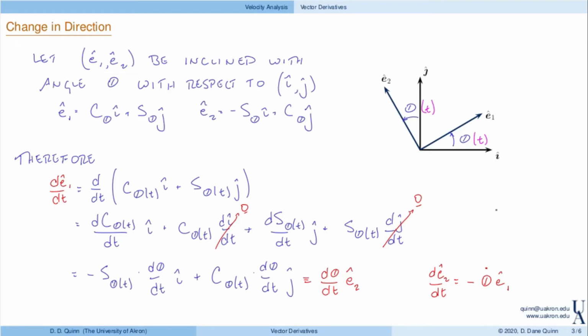Here, a derivative with respect to time is often denoted with an over dot. Right, so if you see theta dot, that's the same thing as d theta dt. Just some shorthand. It makes writing these things out simpler.